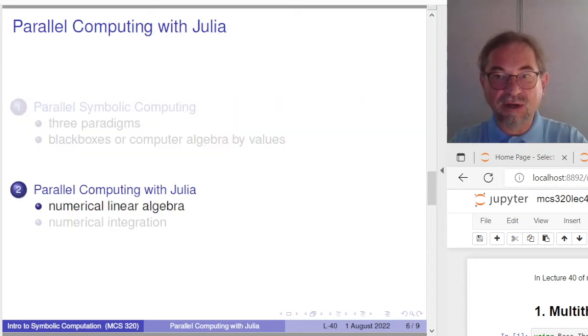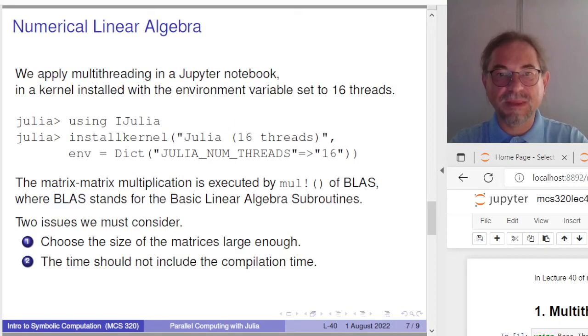How do you actually do it now? I mentioned earlier that Julia is targeted for scientific computing. There is a linear algebra module built in, so it is very suitable for parallel linear algebra. But there is a stumbling block. We do everything in a Jupyter notebook, so we must set an environment variable for doing the multithreading by declaring how many threads we want to use.